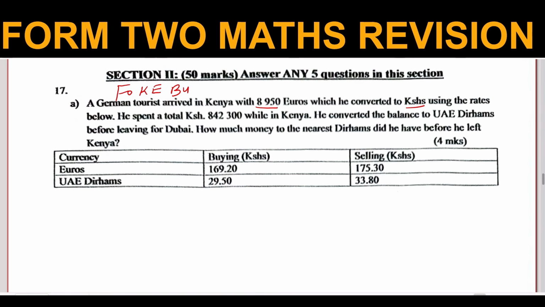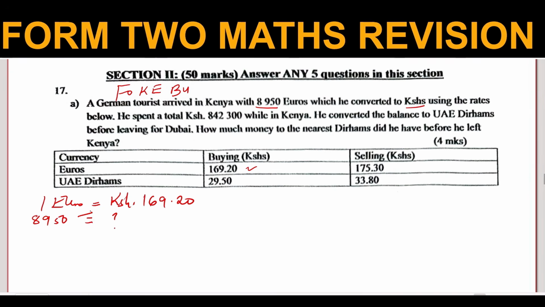So to convert 8950 euros to Kenya shillings, this is what you're going to do. So we have this column here for buying. So 1 euro is equivalent to, or it buys at, 169.20.